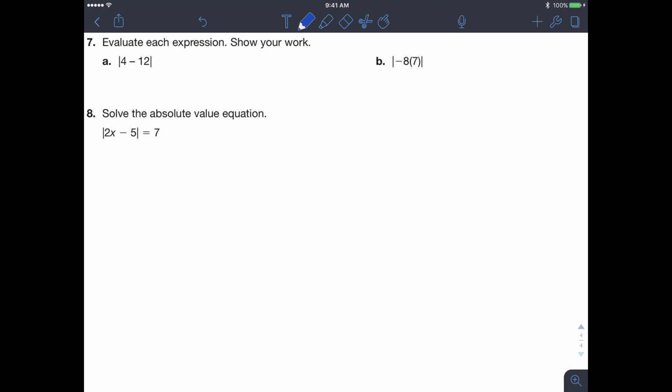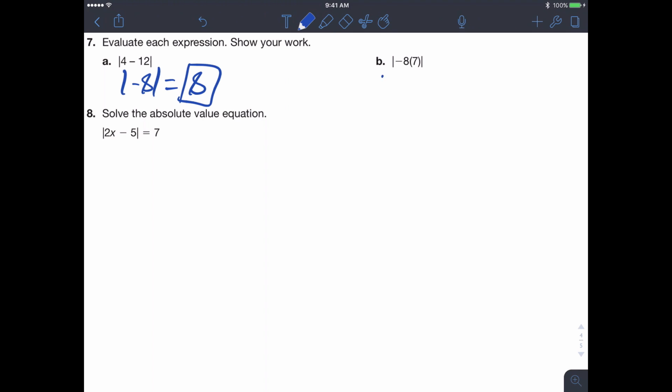I used to think as if they were parentheses. So 4 minus 12 is negative 8. Absolute value sign still there. And the absolute value of negative 8 is 8. Okay, because absolute value is distance, and distance is always positive. And I talked about that in a previous video.